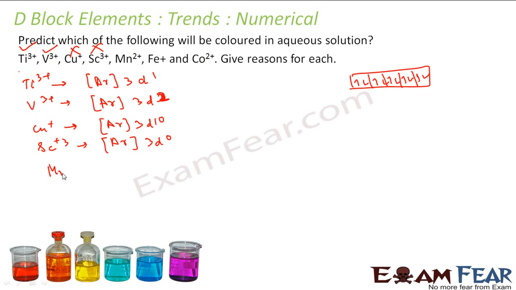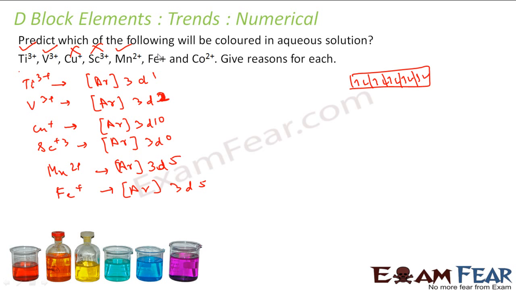Mn2+, the electronic configuration will be Ar 3d5. Again, this has 5 unpaired electrons, so it will also be colored. Fe, electronic configuration will be Ar 3d5. Sorry, is this Fe+ or Fe3+? Actually, this is Fe3+.